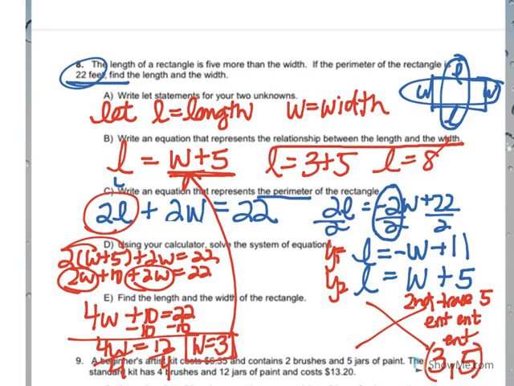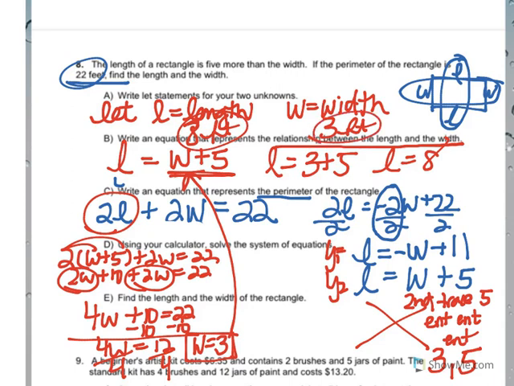So 3 equals the L, so the length is 3 feet and the width is, oh, excuse me, I did it backwards. The width is 3 feet and the length is 8 feet. Booyah!